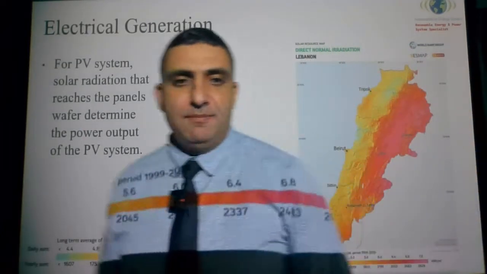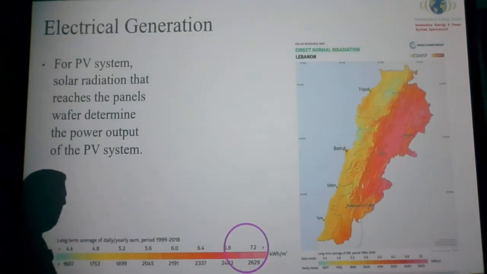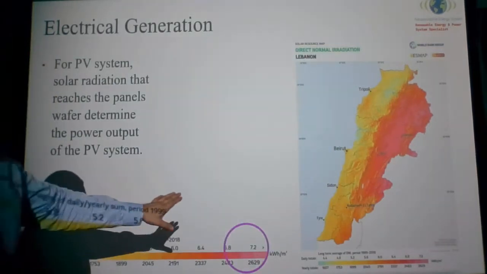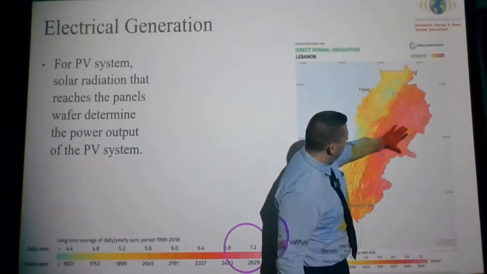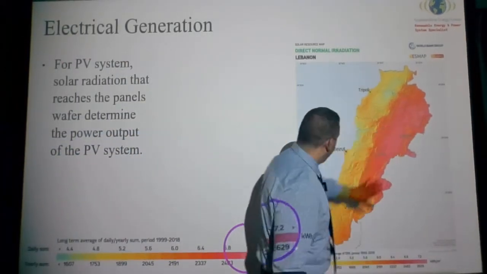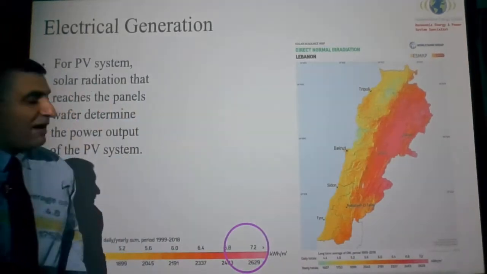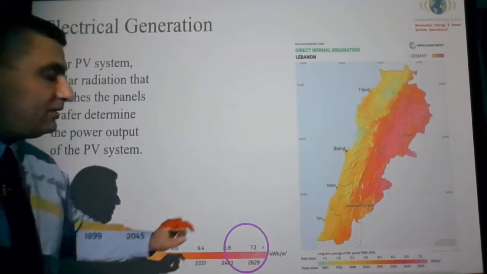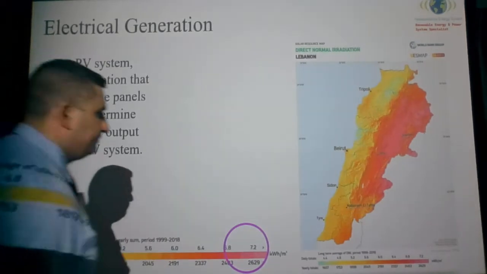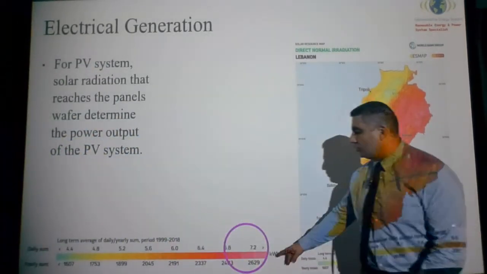Look at this one, guys. Pay attention to this. On the same day, up in the Bekaa Valley in this area, the Baalbek region, you have 7 up to 7.2 kilowatt hours per square meter per day. That's your daily total.